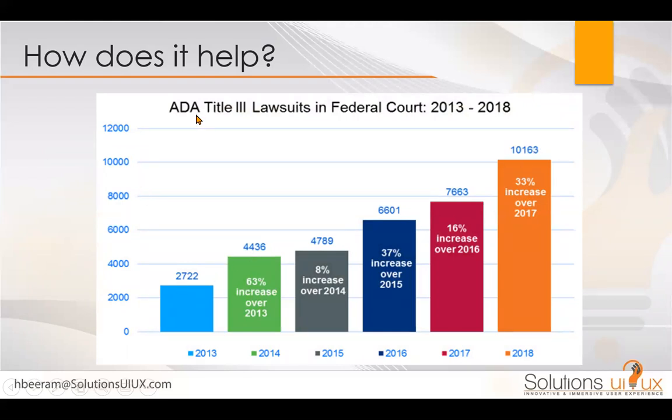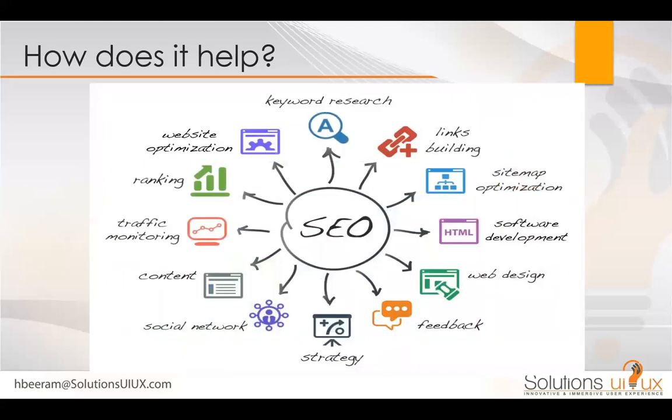These are Americans with Disabilities Act Title III lawsuits in federal court. They are just going up each year because businesses are not complying with accessibility laws. So there is a high chance that it could be challenged in court, and to avoid that, it's better to do this.